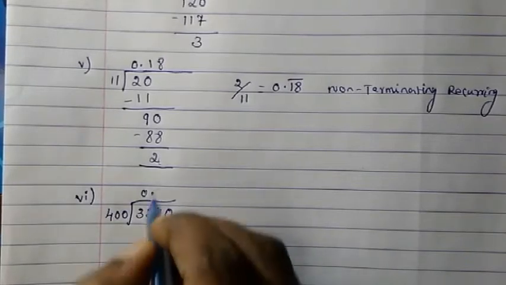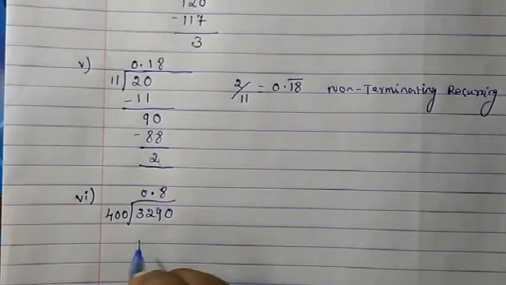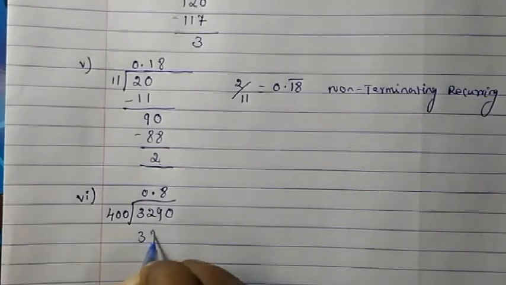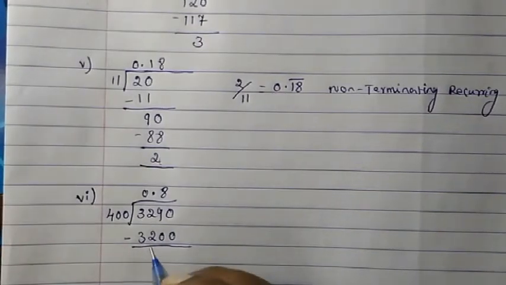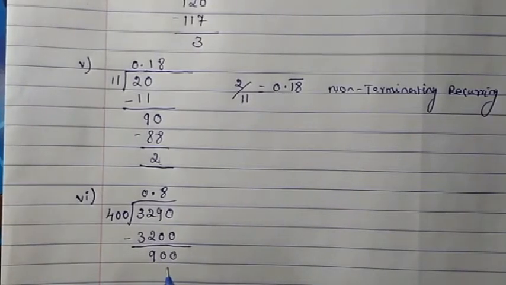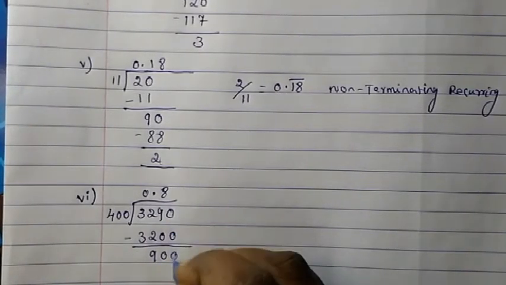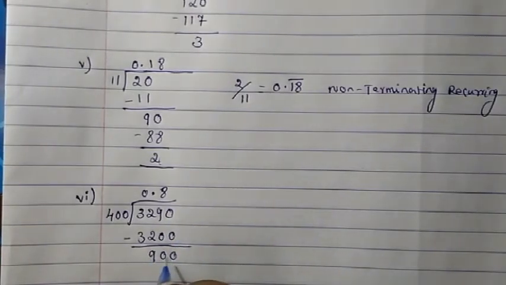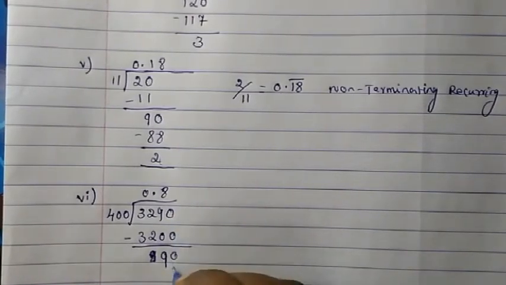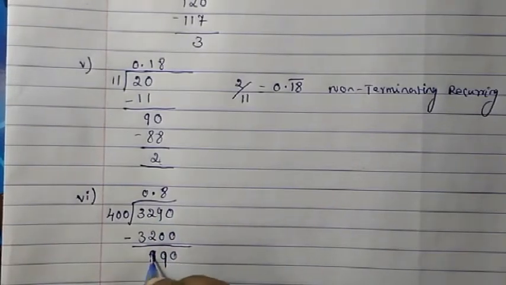Now what will we get? 8 times 400 gives 3200. If we minus, we get 9. Sorry, 0 9. Now it is a smaller number, so we will add one more 0.